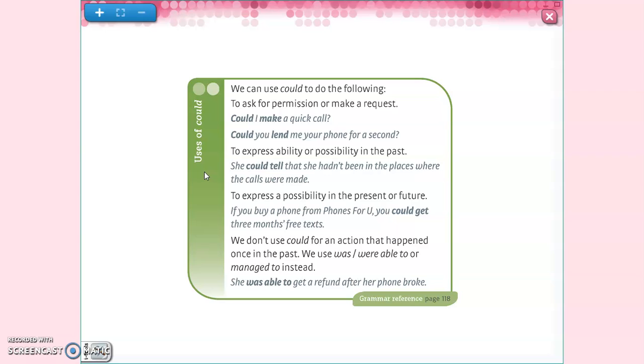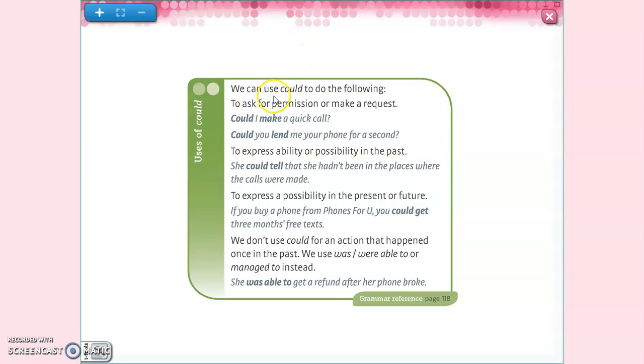As you remember, could is the past of can, and can is a modal that expresses ability in the present. Could expresses ability in the past, but you can also say was able or were able. And an ability in the future can be expressed as will be able to. Okay, so let's see what our book says.